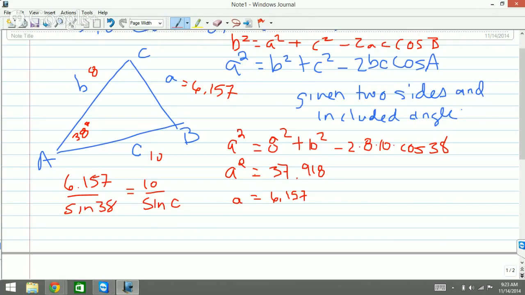That would calculate the measure of angle C. So we're going to multiply 10 times sine 38 divided by 6.157. Sine C is 10 times sine 38 for the whole thing, divided by 6.157.